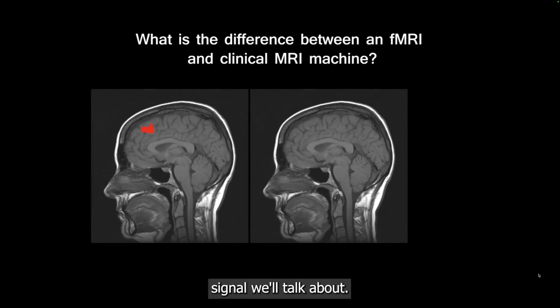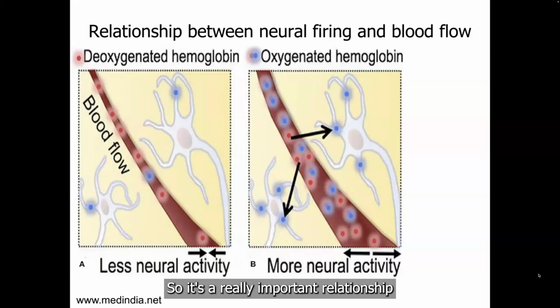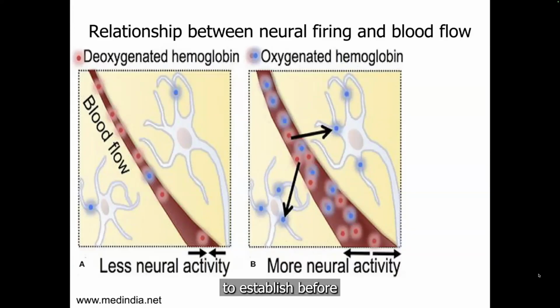And that different signal we'll talk about, but this gives us an idea of where neurons are firing the most, based on blood flow. And so there is no difference between an fMRI and a clinical MRI machine. All MRI machines can be used to look at function.